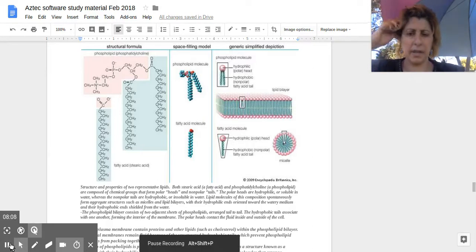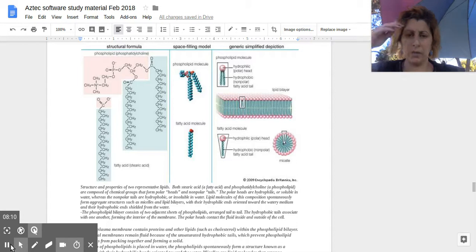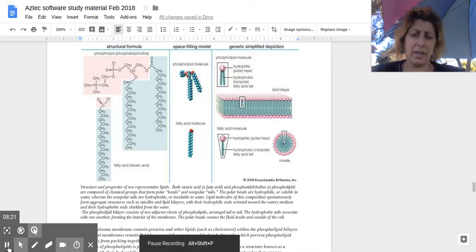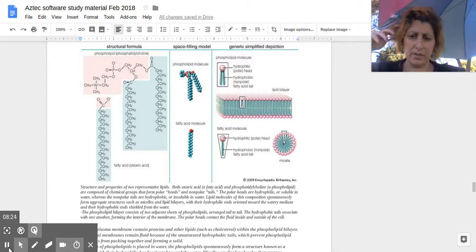So these phospholipid molecules aggregate into micelle-type shapes, aka the lipid bilayers of cells.